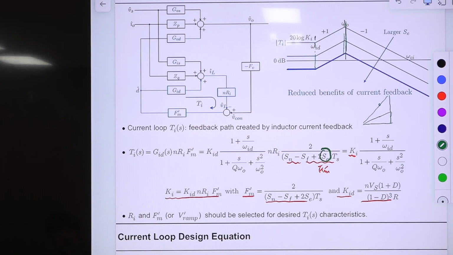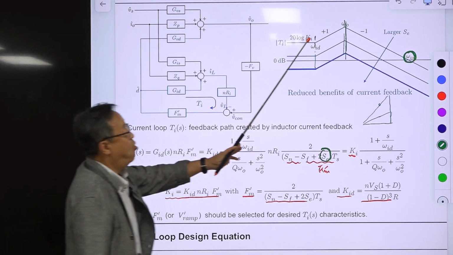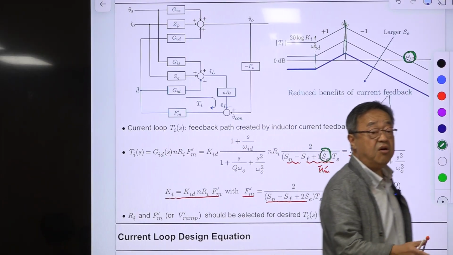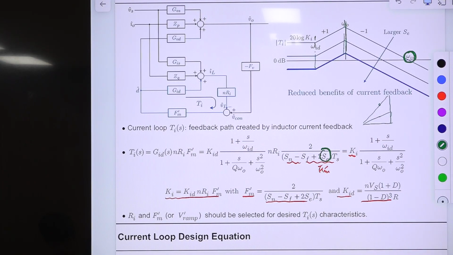What I mean by the structure is this frequency. This is the 0 dB frequency of this TI, omega CI. Selecting omega CI is the only free variable in this current mode control. Very simple, actually. You place this here.